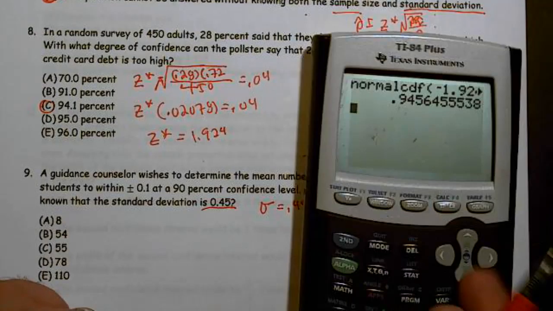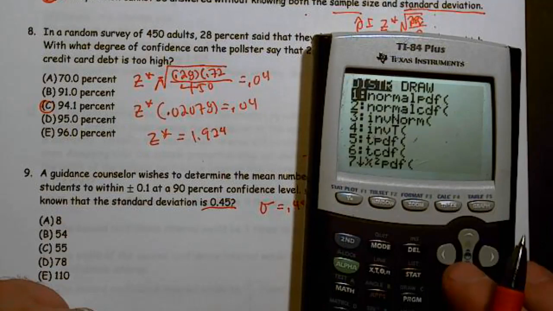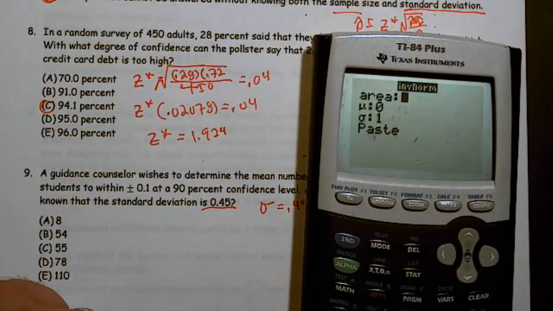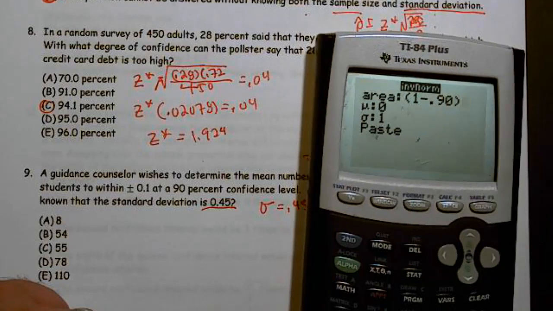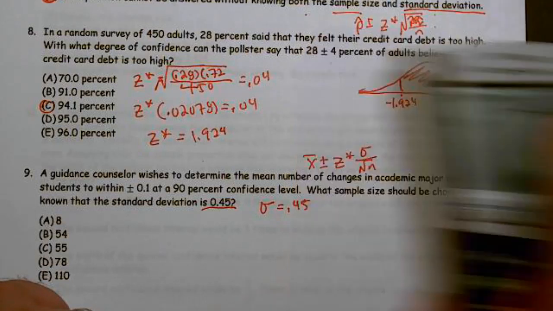All right, so we want a 90%. So second vars, inverse norm, parenthesis, 1 minus 0.90, close parenthesis, divided by 2. We get 1.6445.